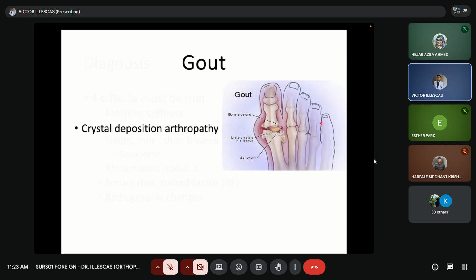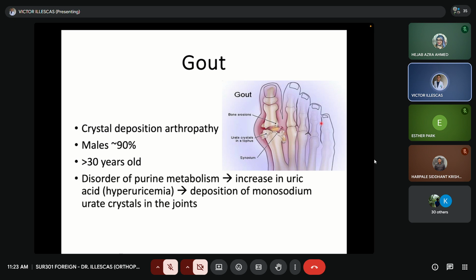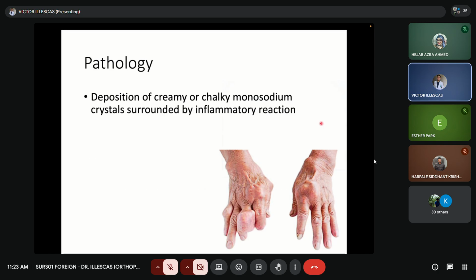How about gout? Gout is a crystal deposition arthropathy, affecting mostly males more than 30 years of age. What happens here is that there's disorder of purine metabolism, increasing uric acid, and with that, there will be deposition of MSU crystals inside the joint.